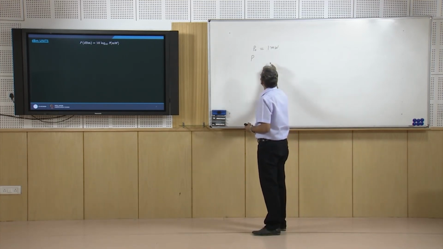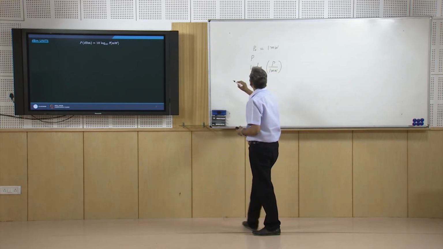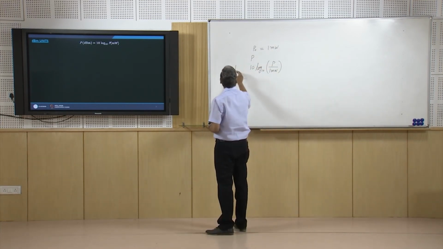So, I take the ratio of this P with my 1 milliwatt and then take its log at base 10, multiply it by 10, and then it becomes power in dBm units.